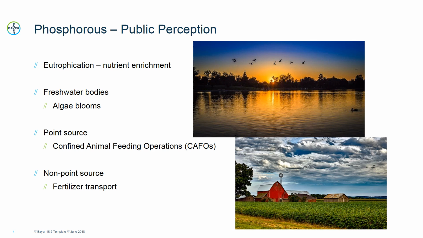When the manure is piled up, there is one area that can be pinpointed as to where the nutrient is coming from, whereas a non-point source would be the application of fertilizer and the transportation of that fertilizer off the field. It's not highly concentrated in one particular area. However, the effect accumulates over a large area.